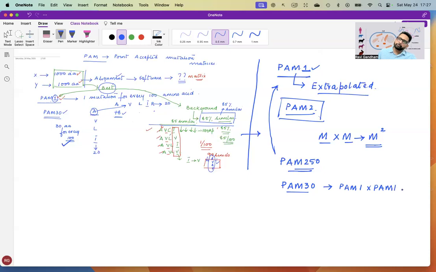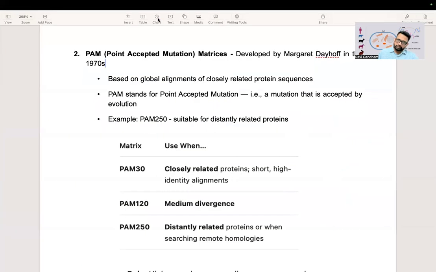And similarly, for PAM 250, if you're asked to find out the substitution matrix, what the software does is it multiplies PAM1 to the power of 250. We'll discuss BLOSUM in the next class and how it is different from the PAM. We'll go back to our text here.